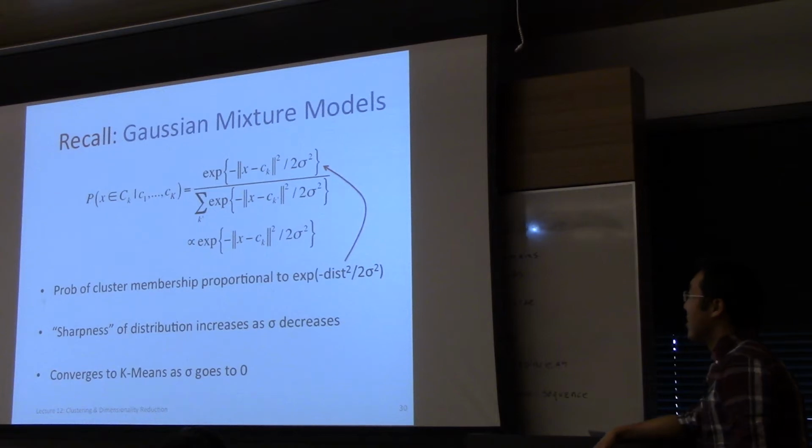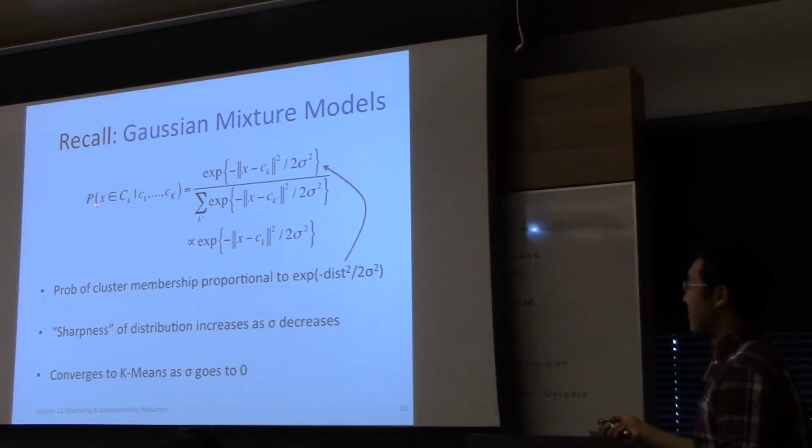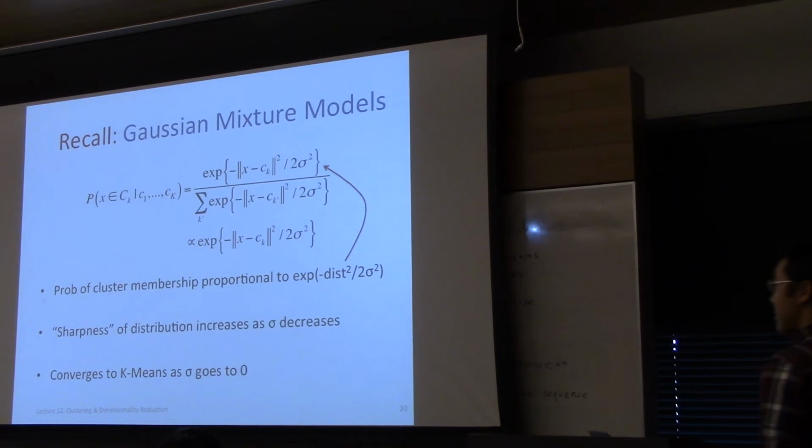You can think of Gaussian mixture models as a probabilistic version of K-means, where instead of a hard clustering of each data point into one of the cluster centers, we have a probabilistic cluster, right? So this is just one formulation. It's not the only formulation we can use.